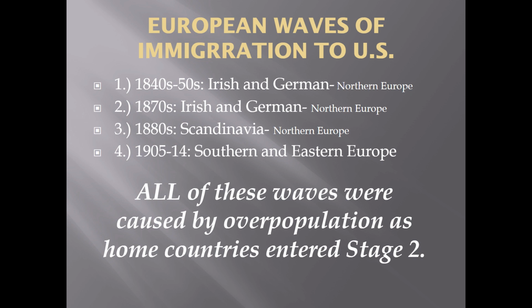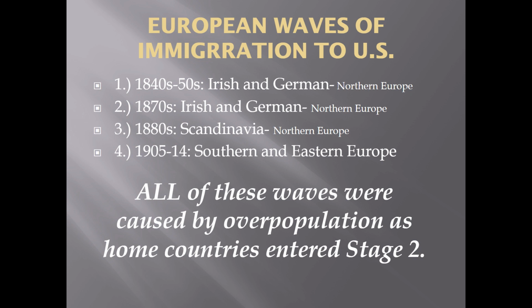Our final wave of voluntary migration in the 1800s and early 1900s was also from Europe, from Southern and Eastern Europe. All right, so we're starting to see the places in Europe changing. All of these waves were caused by overpopulation in the home countries. Specifically, there were issues in Ireland related to the potato famine, so an environmental disaster.